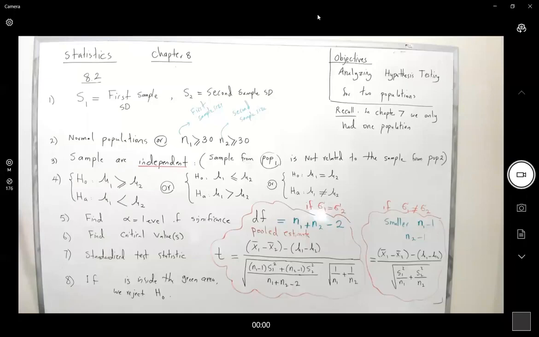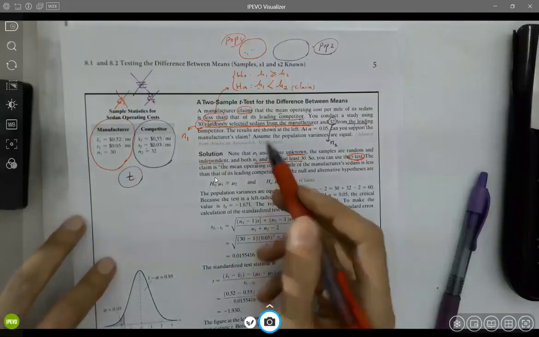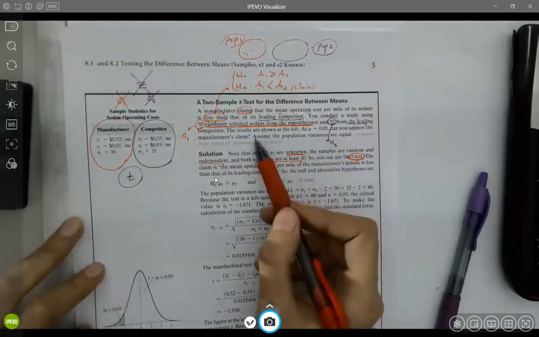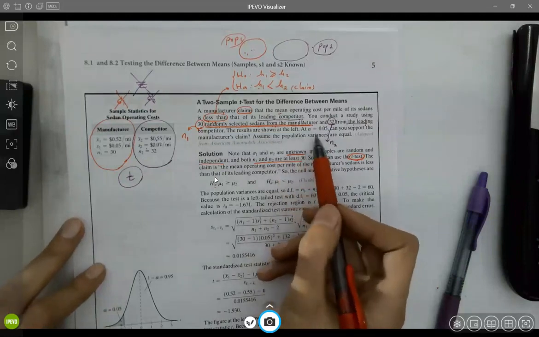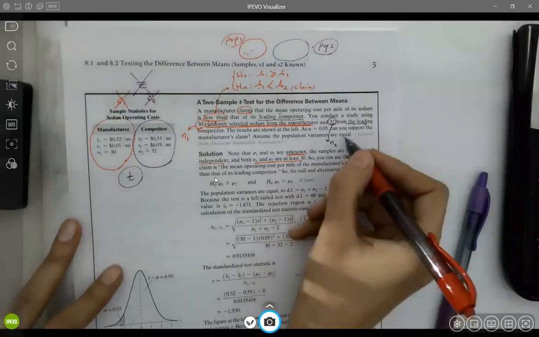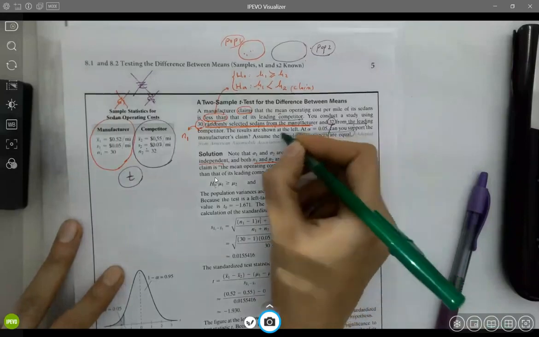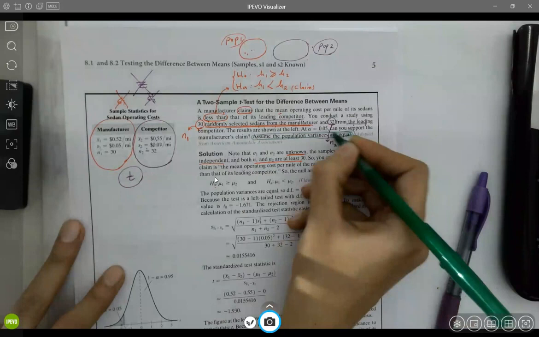So let us get back to the note. Take a look at the last line in the example. It says, assume the population variances are equal to each other. They are equal to each other. It means that we are using a pooled estimate.